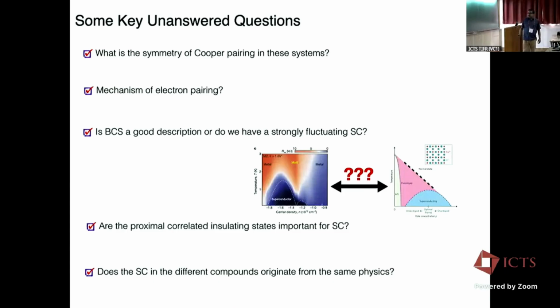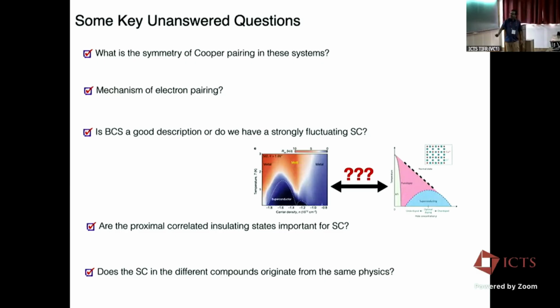And the second question, of course, is whether this superconductor is essentially a BCS superconductor, a mean field superconductor, or a very strongly interacting superconductor. Going back to the days when I started my PhD, the epitome of a strongly interacting superconductor would be the cuprate.